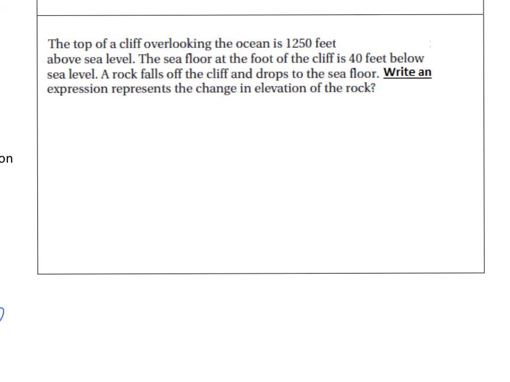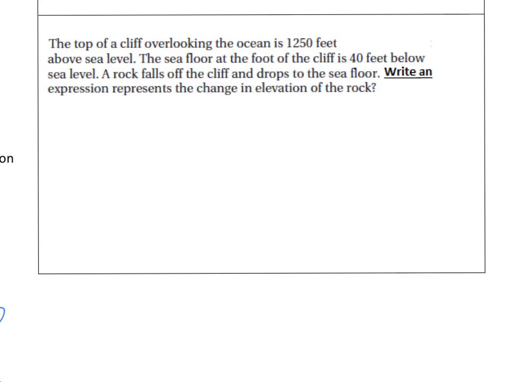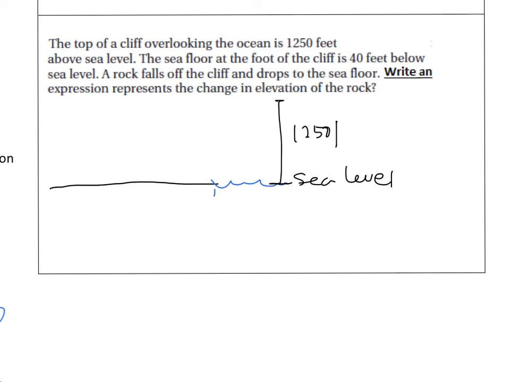The top of a cliff overlooking the ocean is 1,250 feet above sea level. So you can draw a picture here. So this will be sea level. So 1,250 feet. The seafloor at the foot of the cliff is 40 feet below sea level.